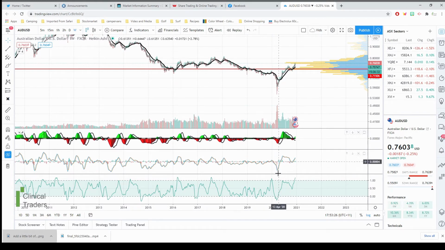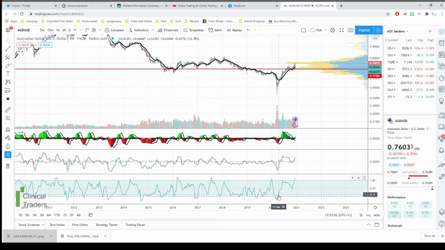I'll also point out that in terms of the Bollinger Bands percentage, we hit above the number one line and then retraced, signalling the beginning of the downtrend in the Australian dollar. And when we entered into the zero bound, once we turn around, you can see that from there we head higher.